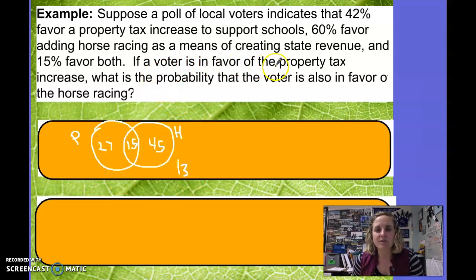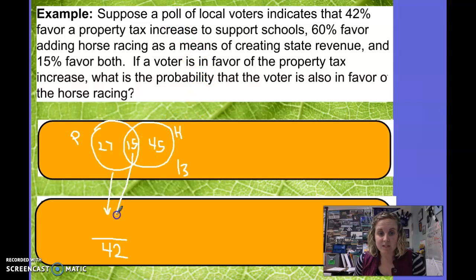So if a voter is in favor of property tax, so that's over here, that entire circle has a total of 42%. Because we know that it has to be inside the property tax circle. What is the probability that they're also in favor of the horse racing?